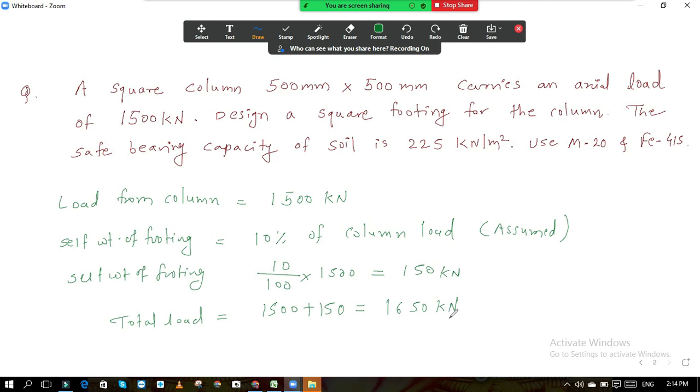We know what the bearing capacity is. Bearing capacity is nothing but a stress, so it should be load upon area.